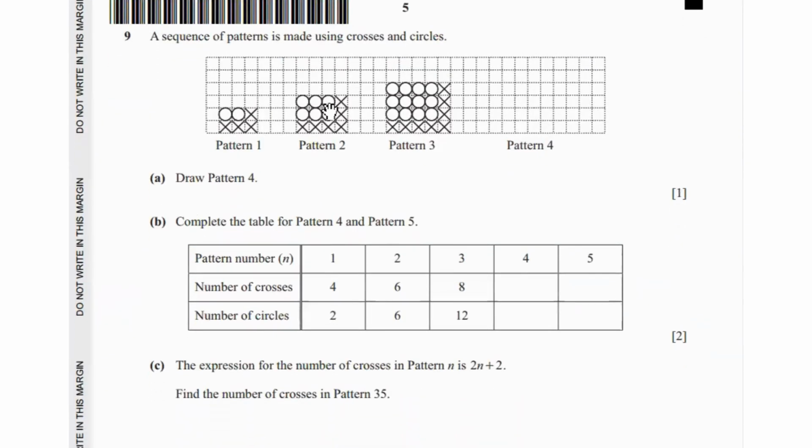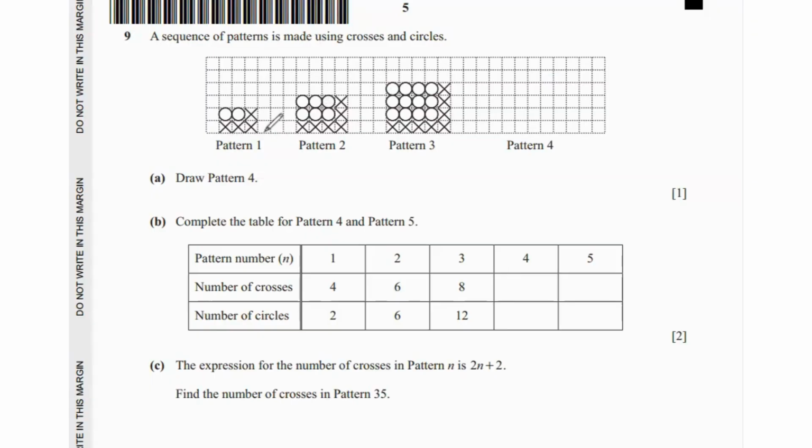Then it says a sequence of patterns made using crosses and circles. Draw pattern 4. So we can see that as we're moving from one pattern to the other, we're adding another row and another column for the circles.